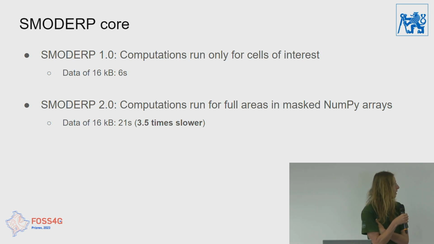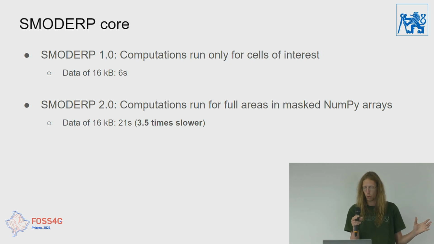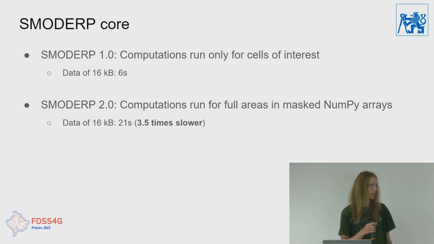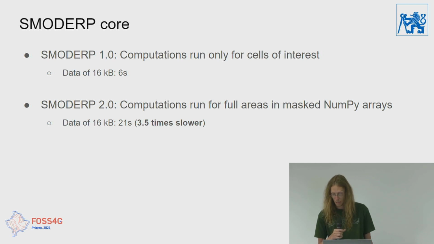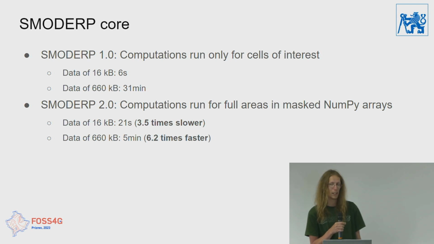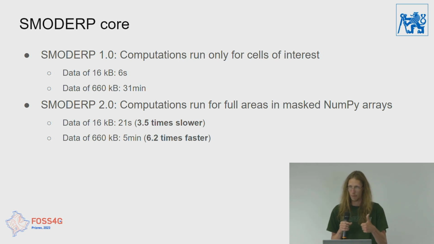And then we created something called SMODERP 2.0, where the computations run for the full areas in masked NumPy arrays, and it got much slower, although using the matrices for computations, which sounds quite bad, but then if you run it for bigger data, you find out that it's actually much faster than for the small data.